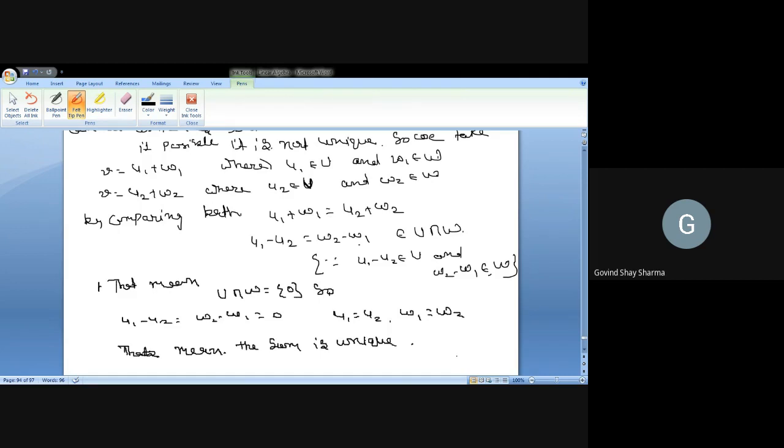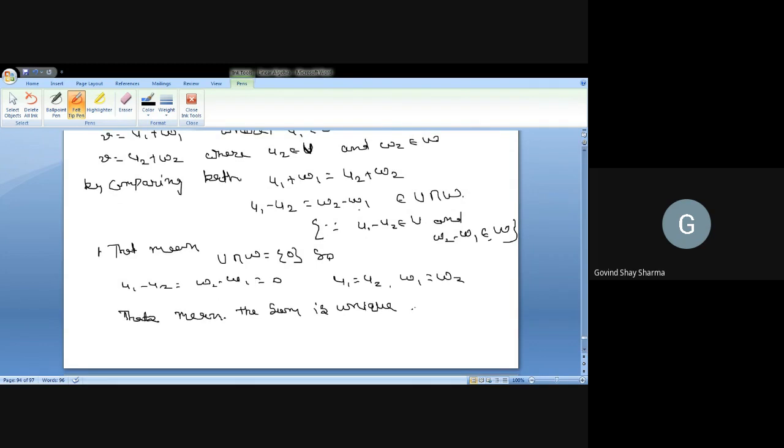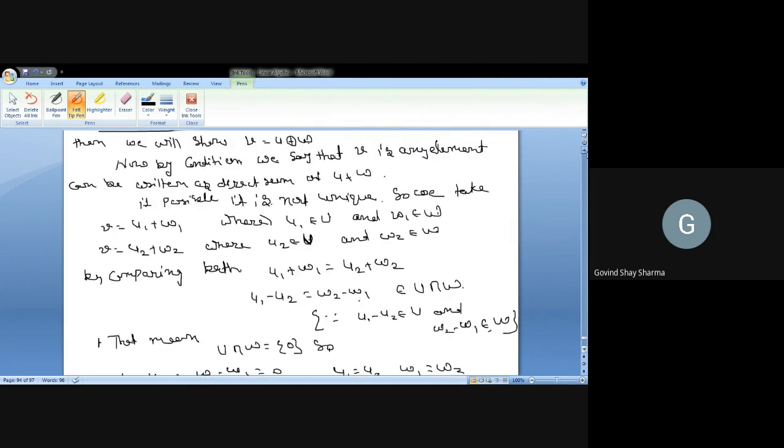So we can say V equals U plus W, with U intersection W being zero, implies V is the direct sum of U and W. This is the sufficient condition. Again I explain this theorem step by step.